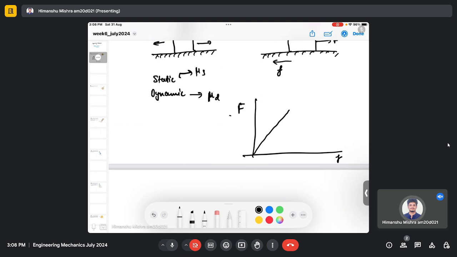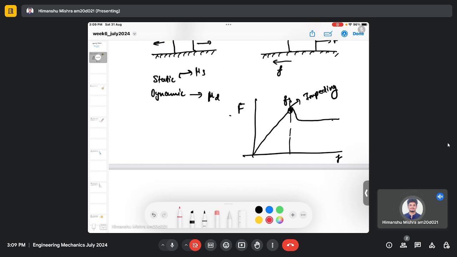This you might have seen in various textbooks and in the literature. So let's say this is the maximum friction force Fx here, and this is the point where impending motion starts. Until before this point the body is at rest, and after this point the body is in motion.